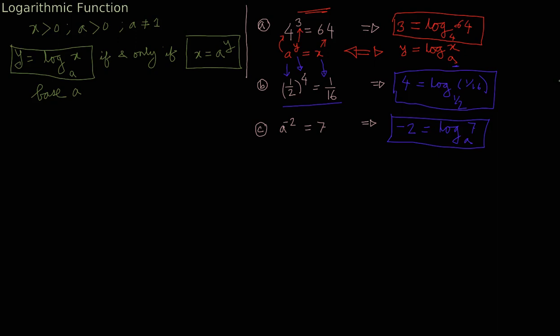All right, now let's do the opposite. Let's say I was given a logarithmic expression. So this time let's say I have logarithm of 243 base 3 equals 5, and I need to write the equivalent exponential form.